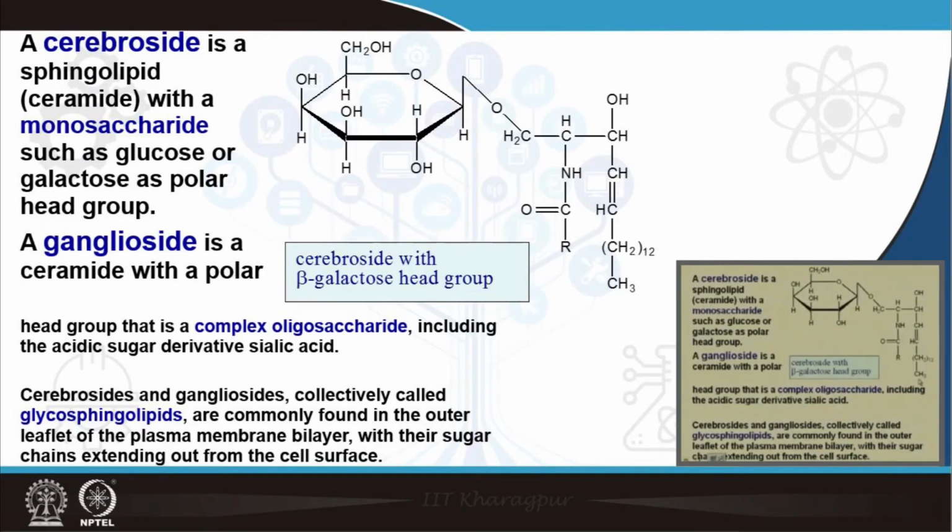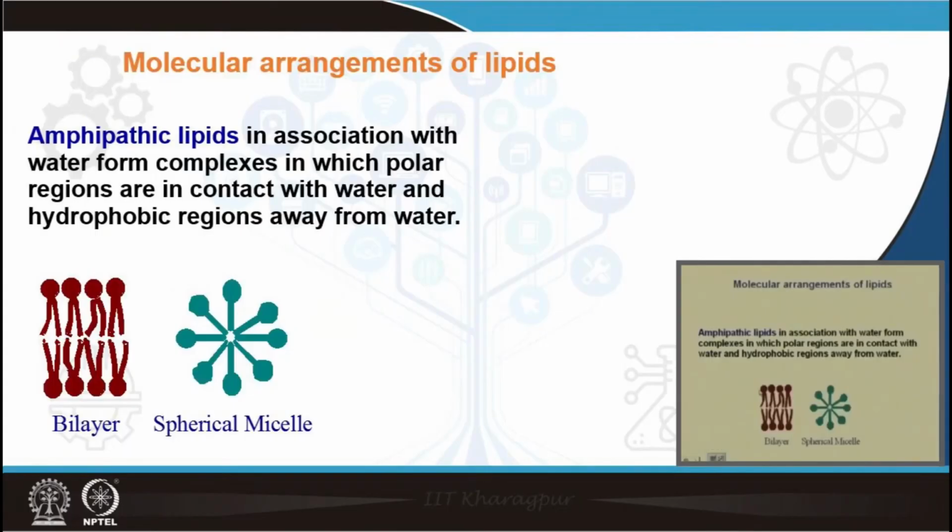So, when this forms a micelle, we expect this part to be the polar head group on the surface and these two to be the legs of the structure. So, the structure that we have here is basically going to be the bilayer with the two long chains.